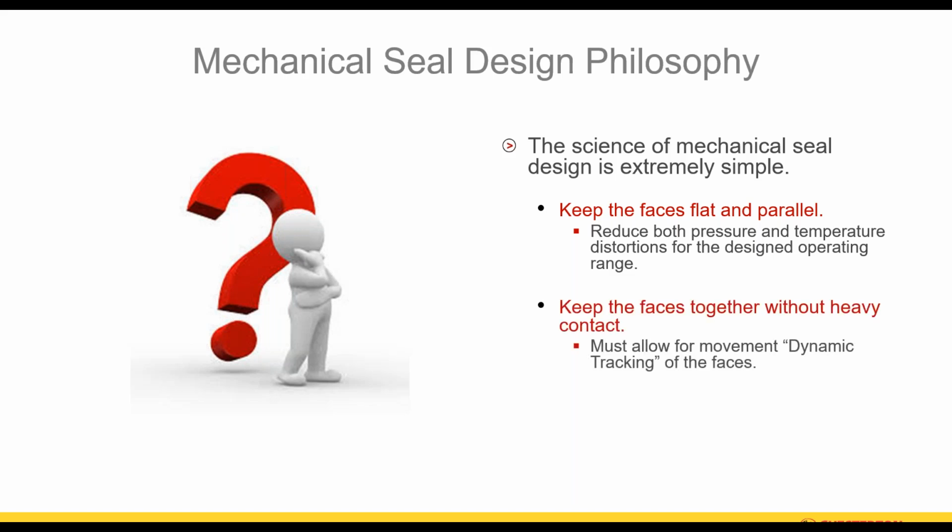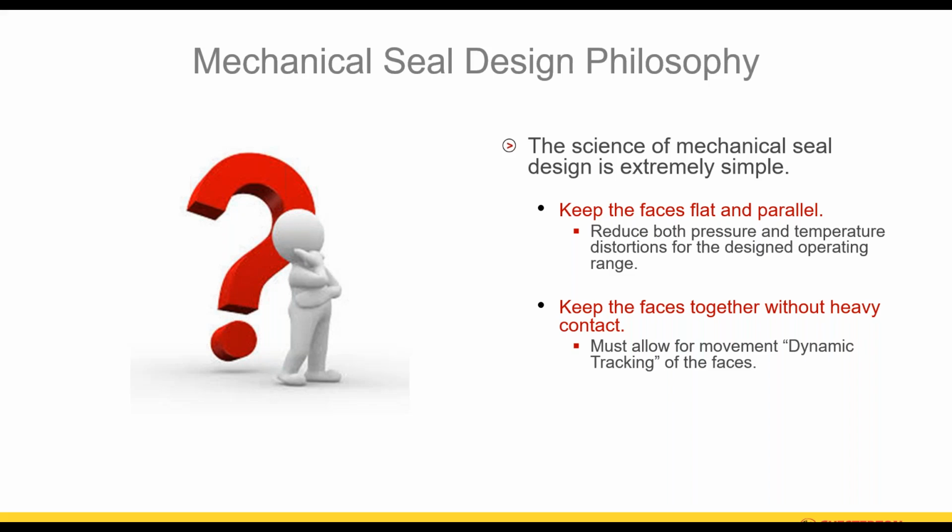Secondly, we need to keep the faces together without heavy contact. We want to maintain that half a micron distance between those faces. But we have to realize that we have to allow for dynamic tracking. What that means is the seal faces aren't just sitting there in space, one spinning around with the shaft and the other stationary in the gland.